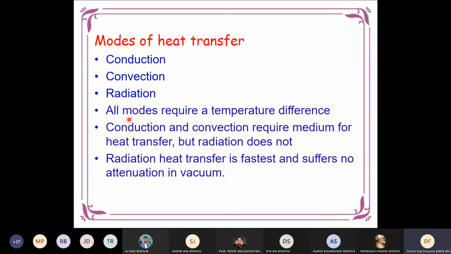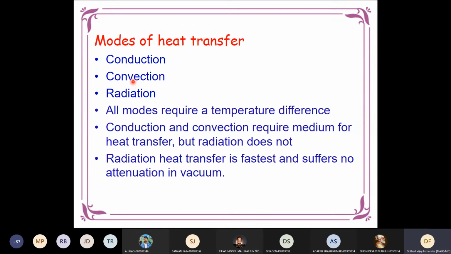All the modes require a temperature difference for heat transfer to take place. If the temperature is the same everywhere, then there is no heat flow. So the first thing for heat transfer is a temperature difference or temperature gradient.